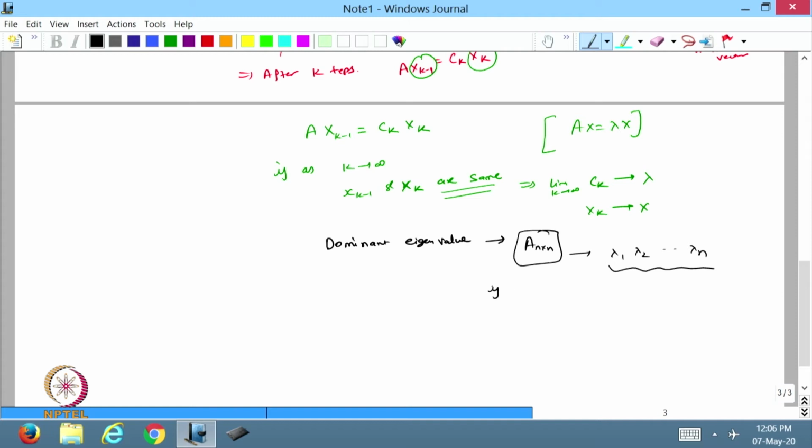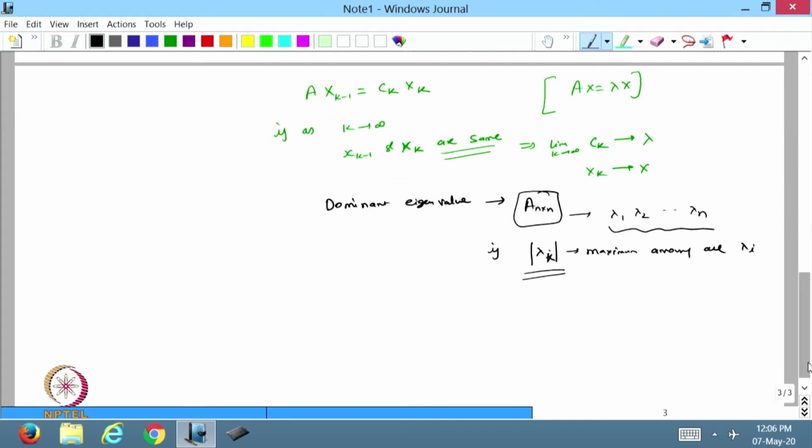Now, if we choose lambda k, taking the magnitude that is maximum among all lambda i's, I can call it k, among all i's, then this is called the dominant eigenvalue. So, we call it in terms of magnitude, the maximum of all lambda i's in terms of magnitude.